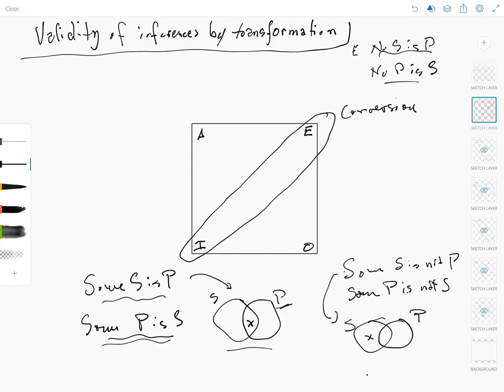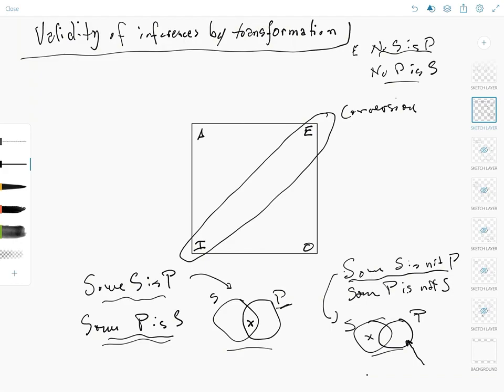So there's our S and P. Notice the information on this diagram comes only from assuming the premise is true. So if the premise were true, this diagram represents the relation, and this relation does not require there to be at least one P that's not S, because if it did, there would be an X in this region of P outside of S. But there's not.